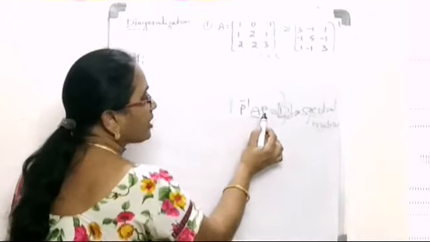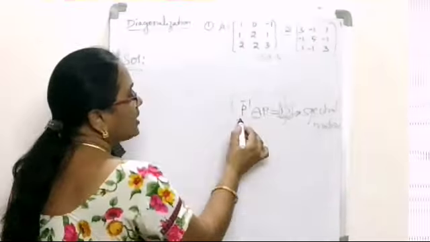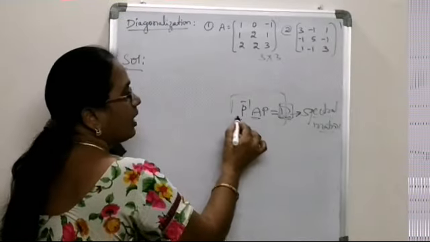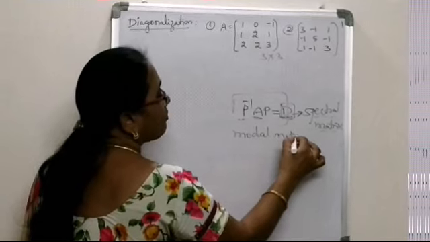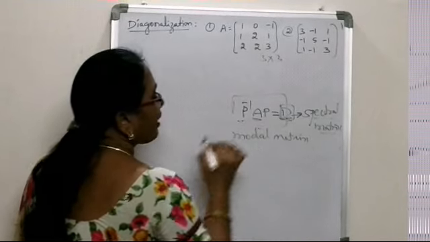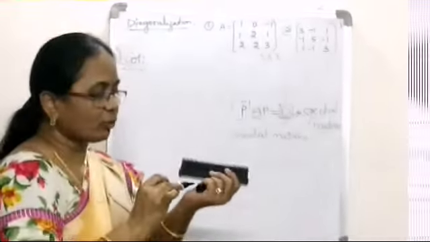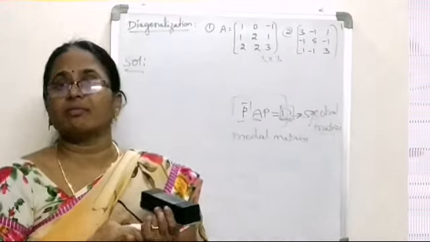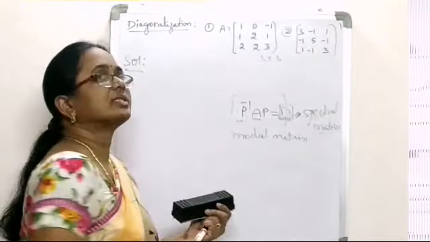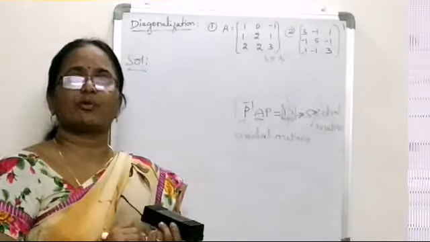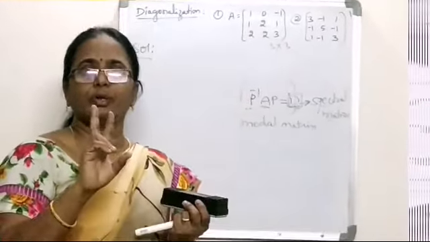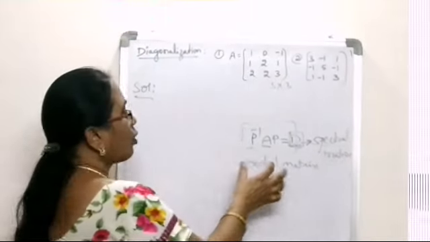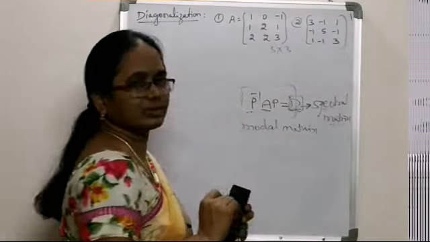And we can see a matrix P on the left hand side. This P is termed as the modal matrix, and this modal matrix is formed by grouping independent eigenvectors of the given square matrix. So in this process of diagonalization, I have introduced you two important words, modal matrix and spectral matrix.